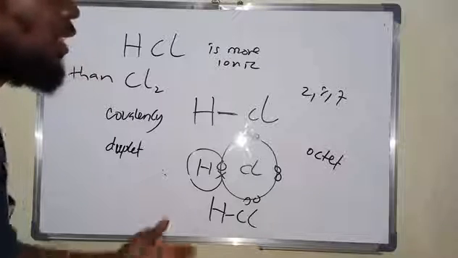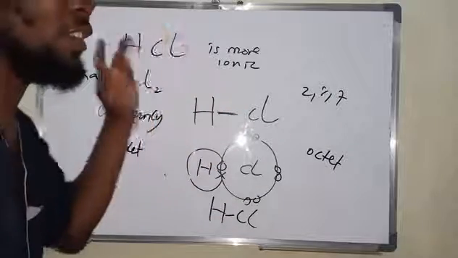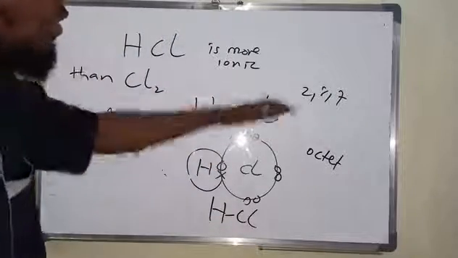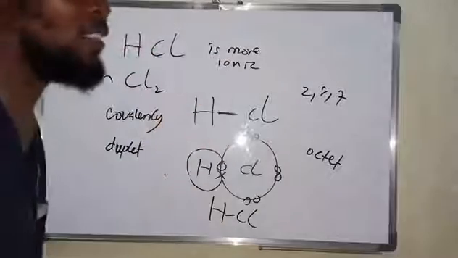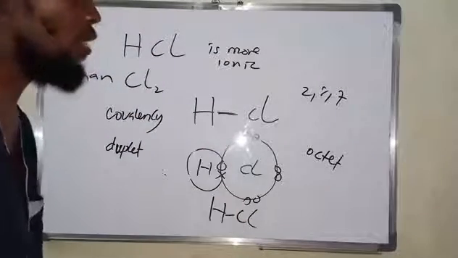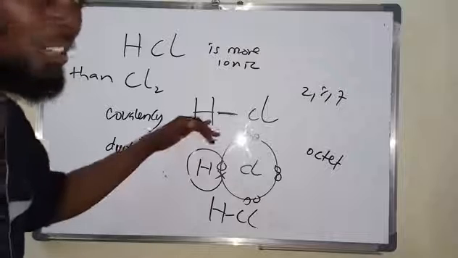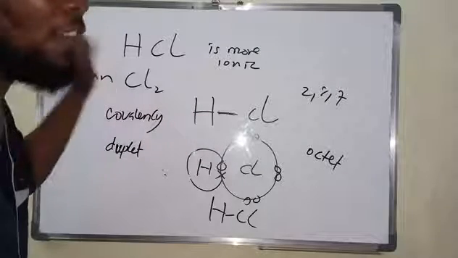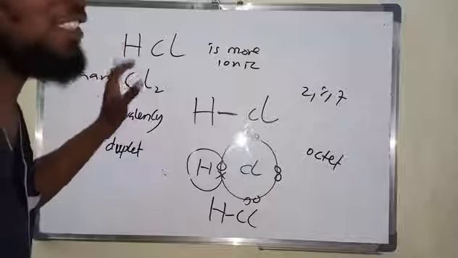Understand? If you look at the location of hydrogen in the periodic table, in group 1, and chlorine in group 7, they are far apart. And electronegativity is a property of the non-metal. The non-metals are more electronegative than the metals. Though hydrogen is a non-metal, it is located in group 1, where you have the alkali metals.